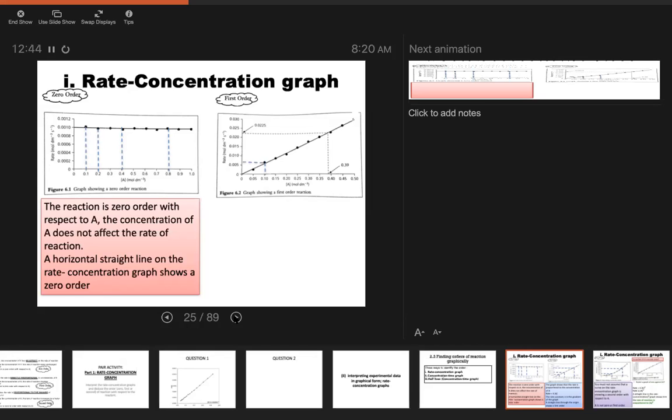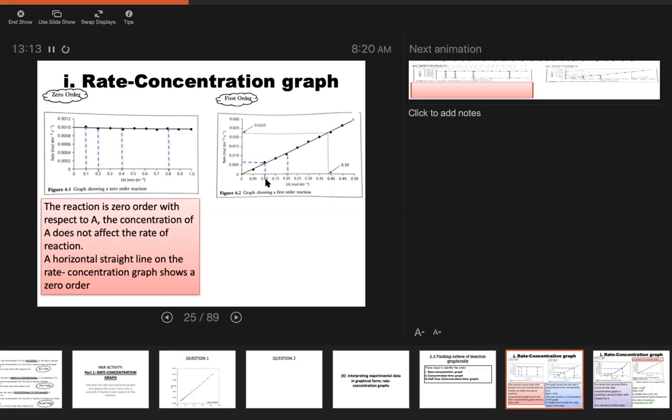I can't read it accurately because it's not a proper graph paper. So at 0.1 concentration, the rate is 0.006. Now, I want to look at the effect when I double the concentration. When I double 0.1, it becomes 0.2. You may ask, why do I choose doubling? It's easier.